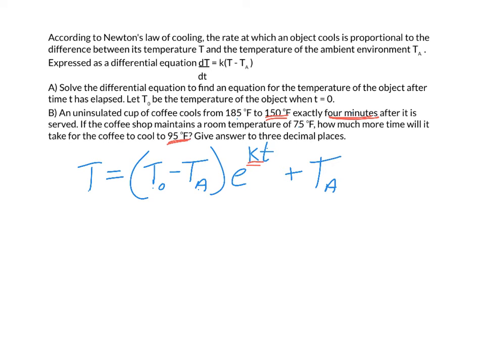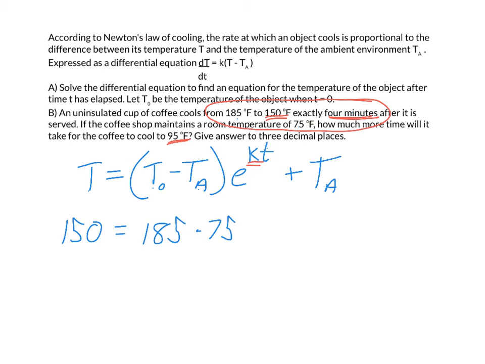Okay, so let's look at this first bit of information that they give us right here, and we're going to use that to find K. So we know that its temperature is 150 degrees after 4 minutes. It started at 185.